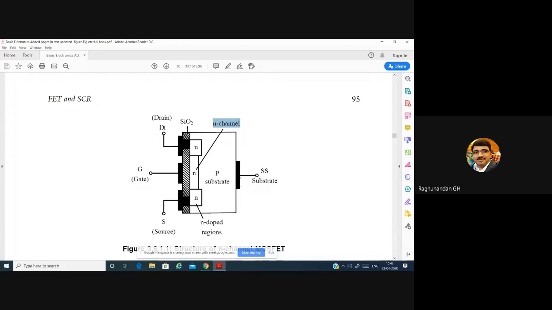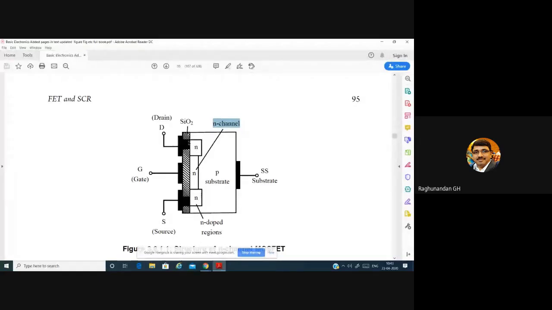Okay, I'll tell it again. First, we'll take a P-type substrate and we will take two N wells, two N-type materials in this form, and we are going to diffuse them here. So we create one N well here, one N well here. The first one will be heavily doped, the other moderately doped. This will act as source, this will act as drain.